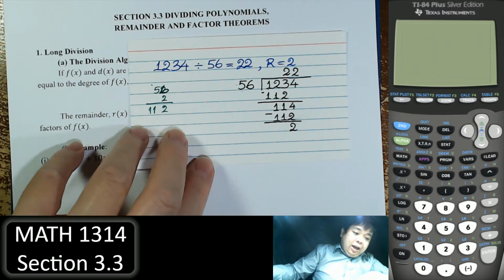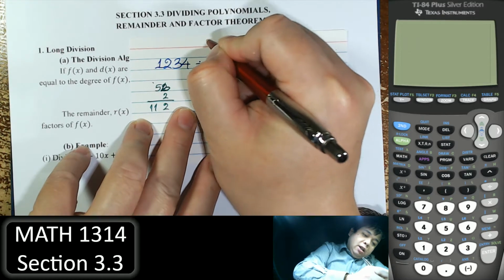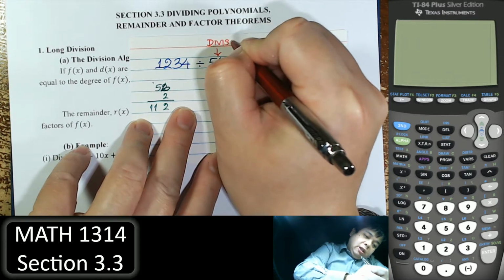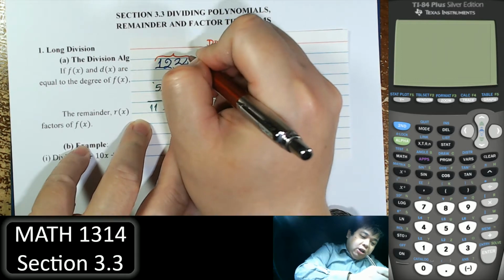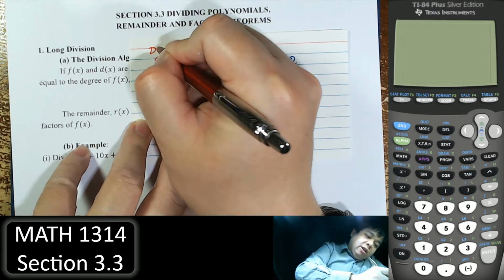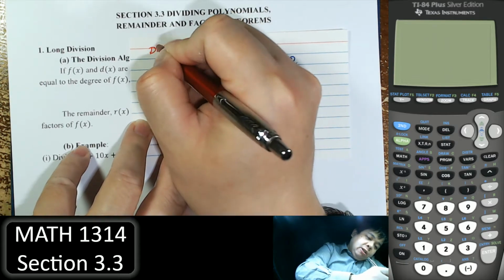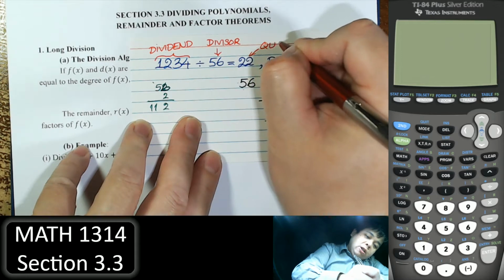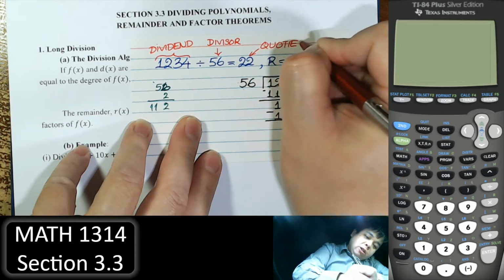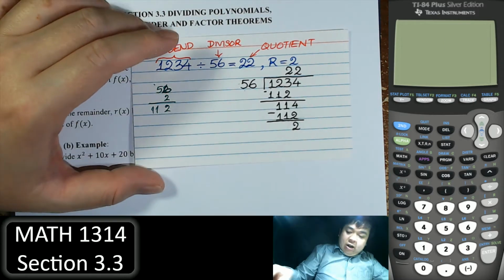In that case, 56 is called the divisor, and 1234 is the dividend. 22 is the quotient, and 2 is the remainder.